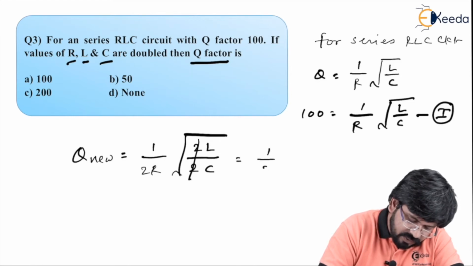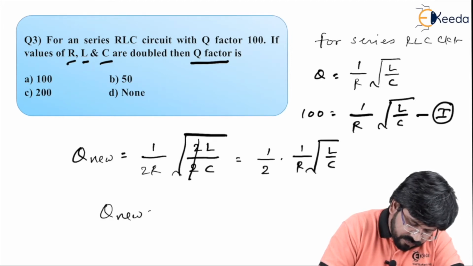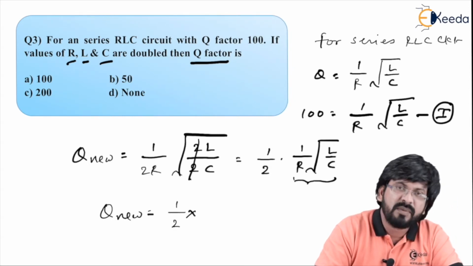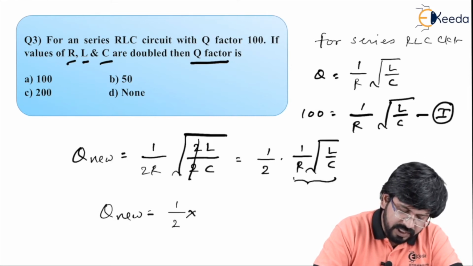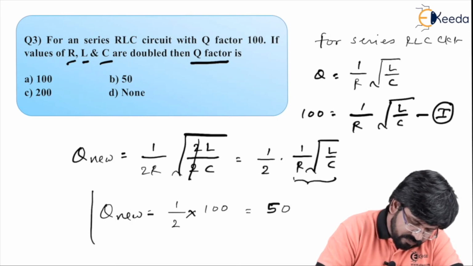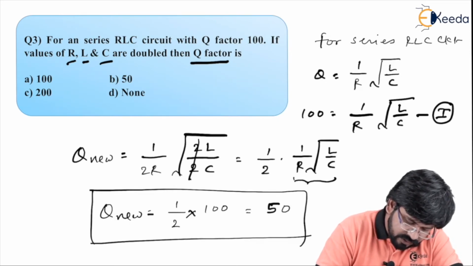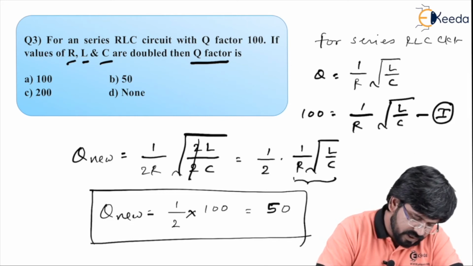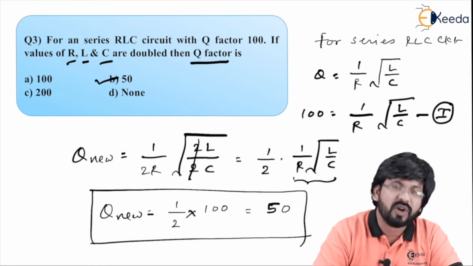What is remaining is 1 by 2 times 1 upon R under root of L by C. From equation number 1, we can figure it out. It is nothing but the older value of Q, which is 100. So it becomes 50. So new value of the Q factor is 50. You can see option number B is the correct option.